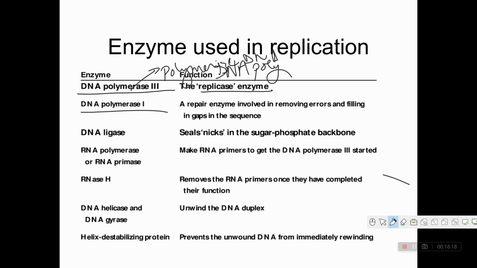Second is DNA polymerase 1. They help in repairing. If any mutation or mispairing of the bases takes place, then they go back, in the 3' to 5' direction. Replication always takes place from the 5' to 3' direction, so repairing takes place from the 3' to 5' direction.